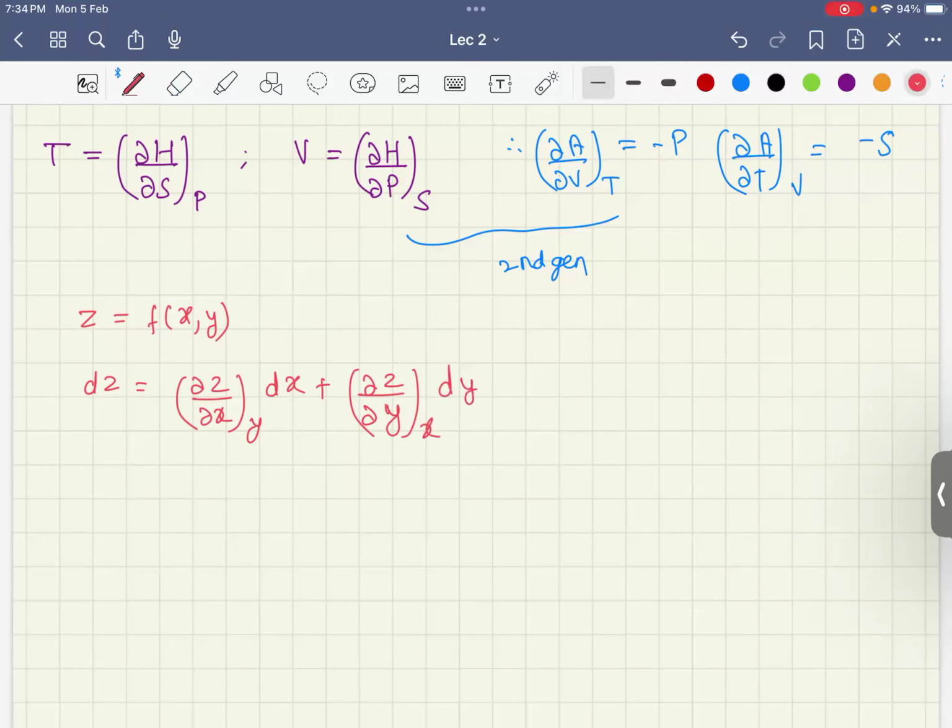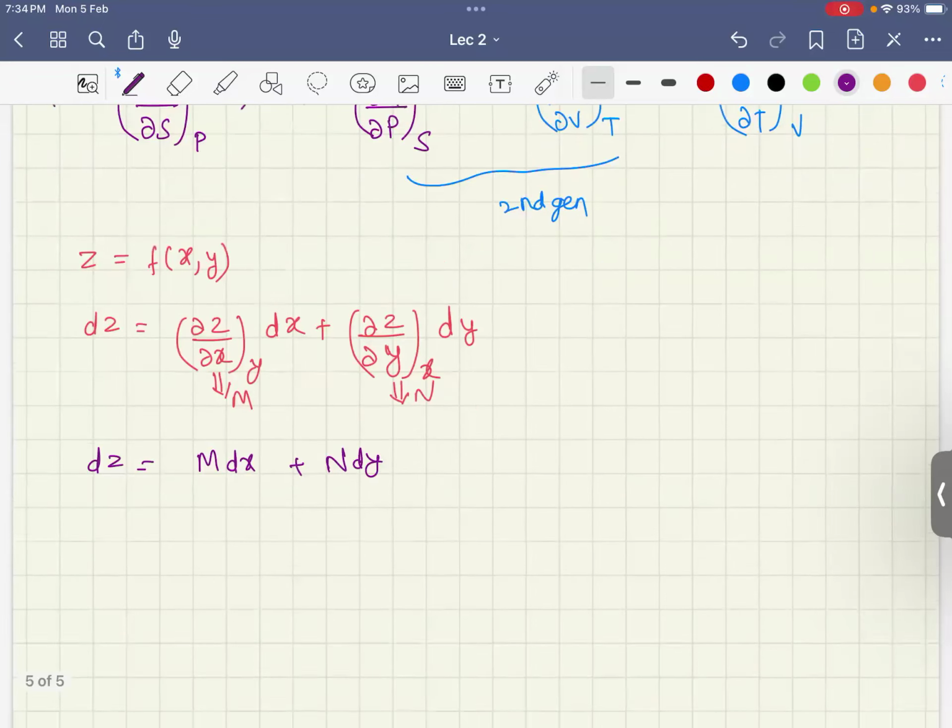We already know this. Let us call the first coefficient m and the second n. So dz is m dx plus n dy.